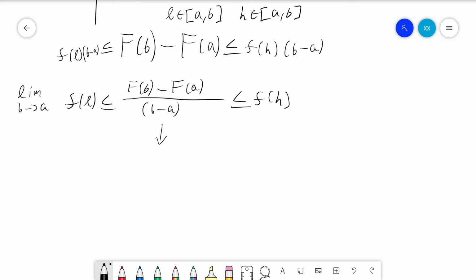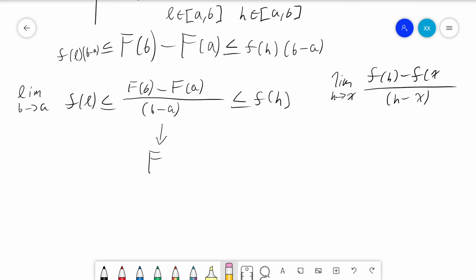The limit as B approaches A of big F of B minus big F of A, all divided by B minus A, this will be the derivative of our big F. Because the definition of the derivative of a function, we know to be the limit as H approaches X of F of H minus F of X, all divided by H minus X. So knowing that, we know that this expression here is big F prime of A.